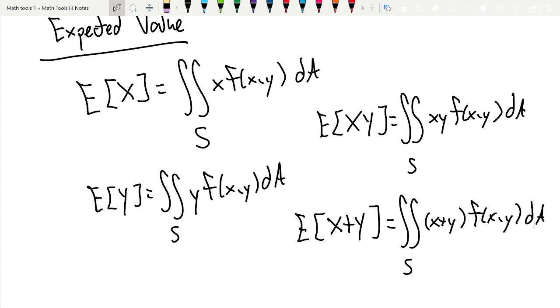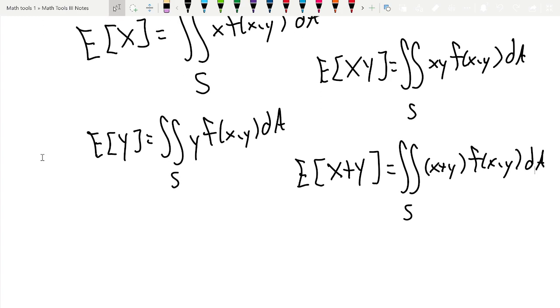So again, just something I want to show, not something I'm going to get deep into. Some of the problems will have this kind of application, but everything will be laid out so that you just have to evaluate the integral, just like the ones we saw in Math Tools 2.